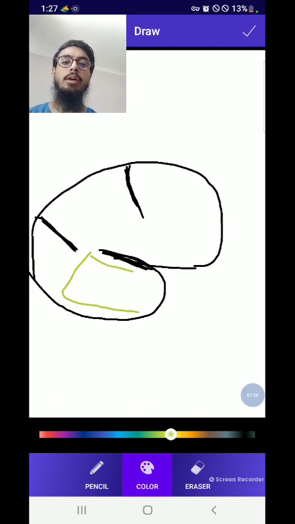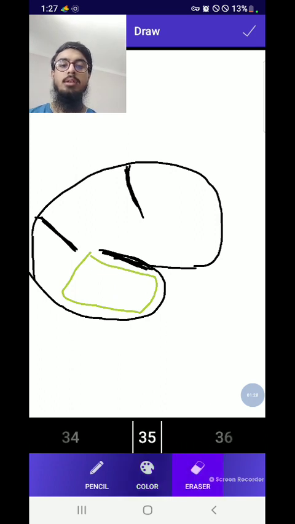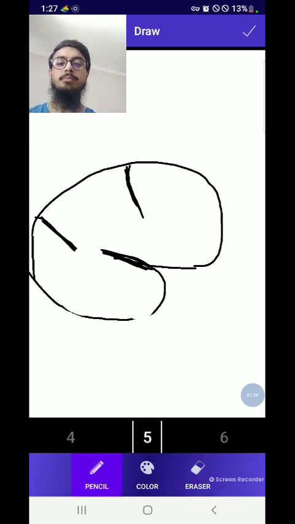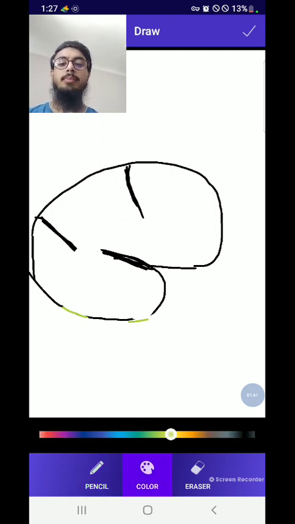I have to explain the functional anatomy of this area. So first I draw the structures, and first I tell you the borders of this area.